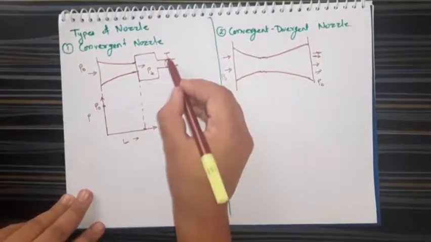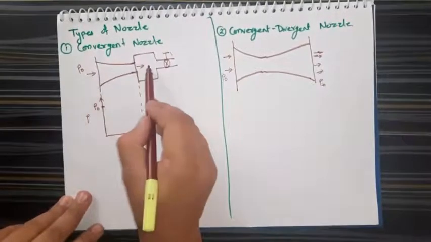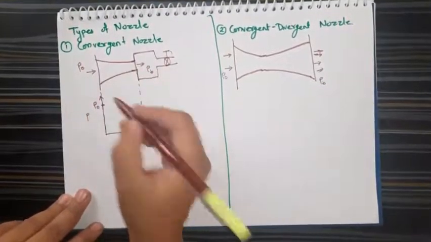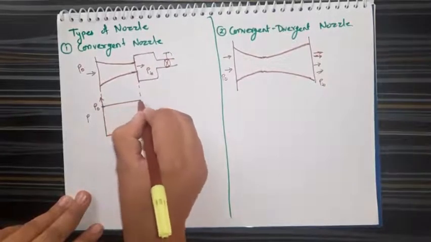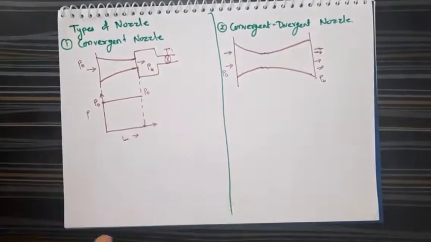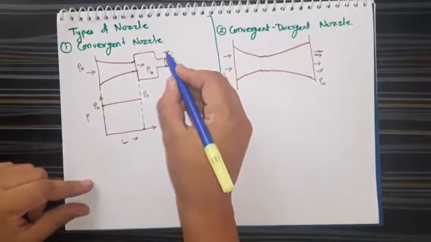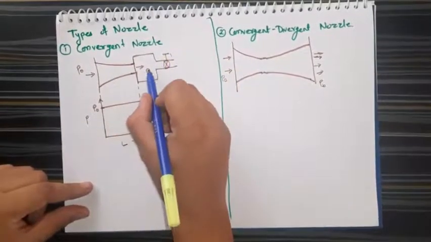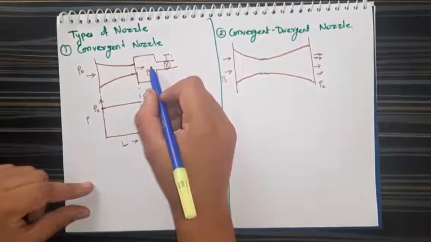Now if we keep this wall completely closed, the pressure here and here will be the same, so there will be no flow of the fluid. At that condition the pressure will remain constant. When we allow this wall to slightly open, the flow will start, and this pressure PB, that is the back pressure, will drop down a little bit.